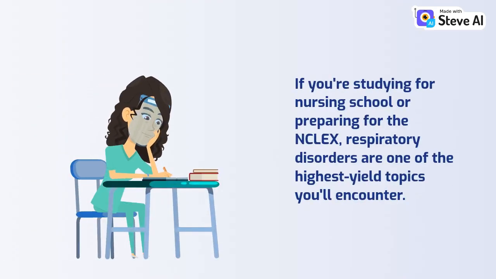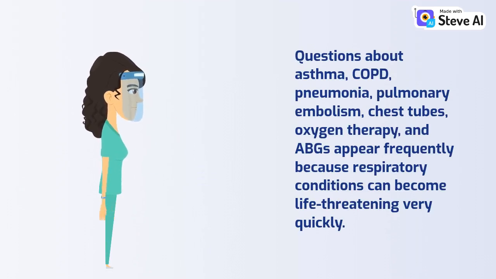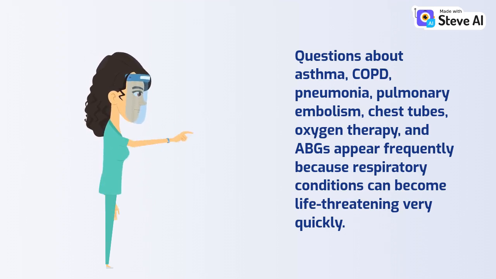If you're studying for nursing school or preparing for the NCLEX, respiratory disorders are one of the highest yield topics you'll encounter. Questions about asthma, COPD, pneumonia, pulmonary embolism, chest tubes, oxygen therapy, and ABGs appear frequently because respiratory conditions can become life-threatening very quickly.